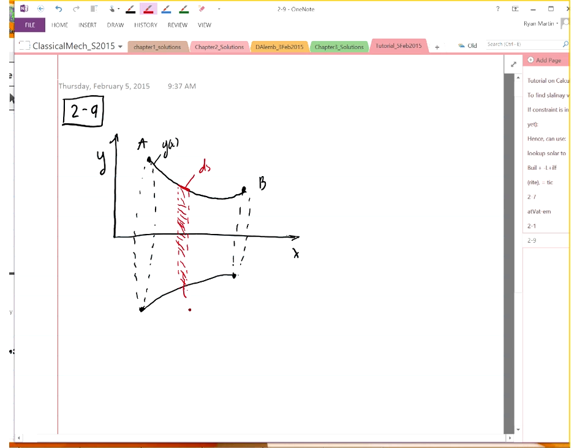And let me call that small surface dA. So the position of ds is y of x.